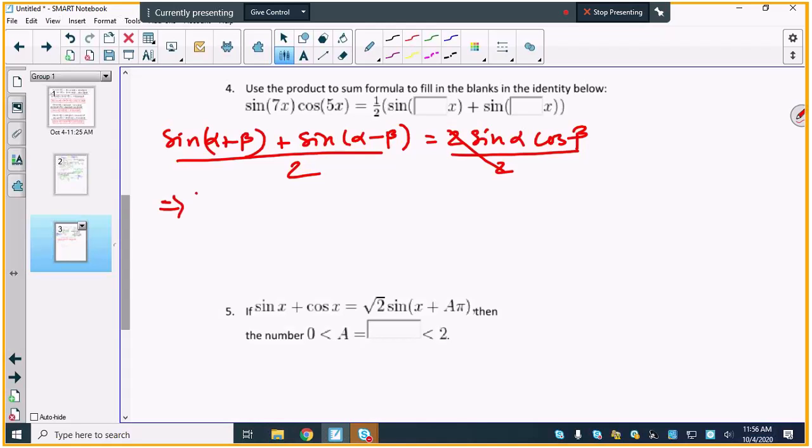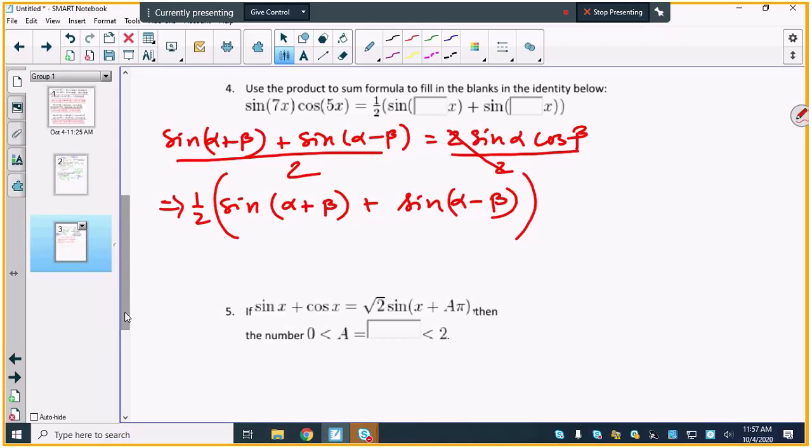So that is, I get 1/2 [sin(alpha plus beta) plus sin(alpha minus beta)], and I should put that inside a larger parenthesis because I've taken this 2 from the bottom and written it in the front as 1/2.